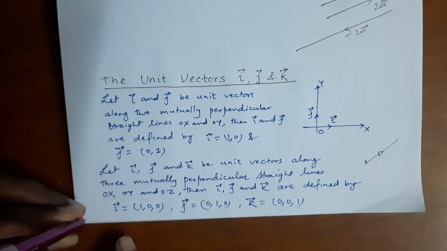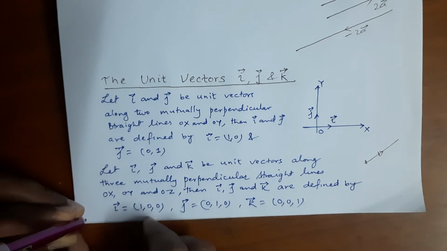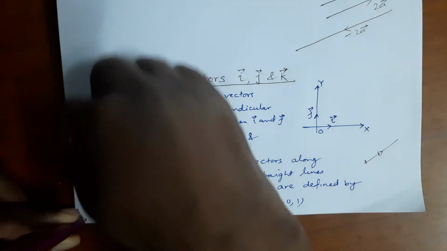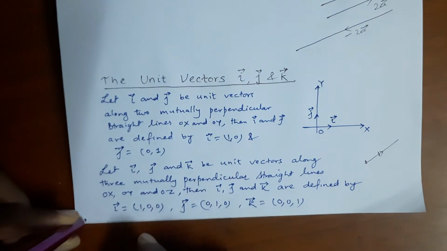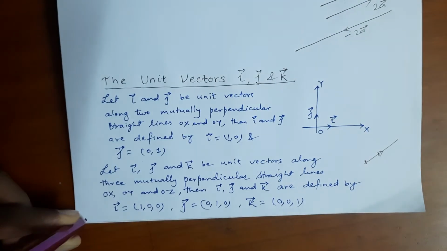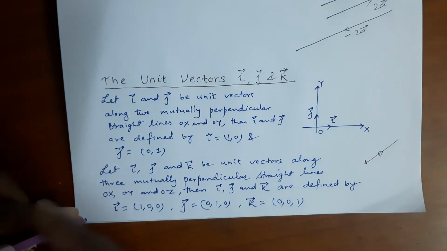So one unit along the x-axis is vector I, one unit along the y-axis is vector J, and one unit along the z-axis, along this pen vertically, is vector K.